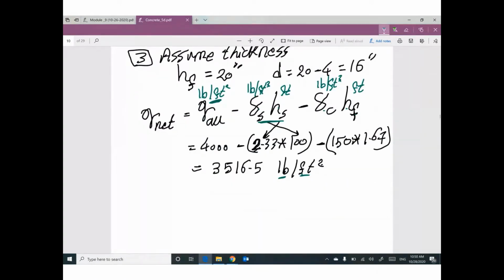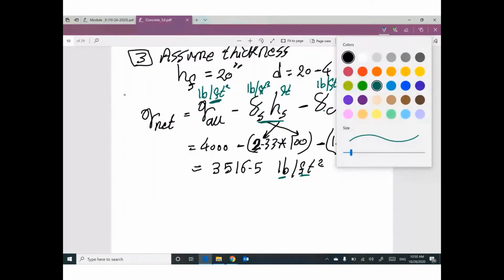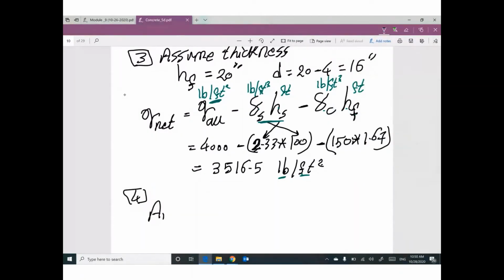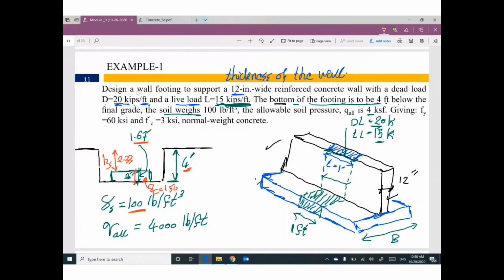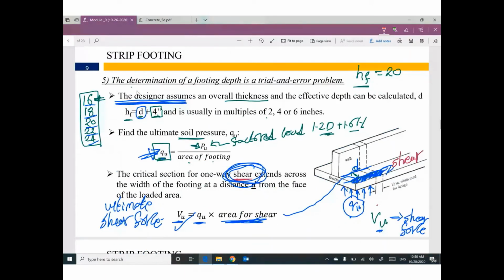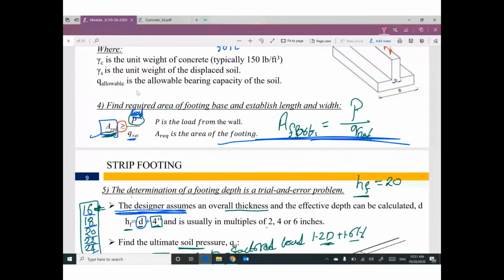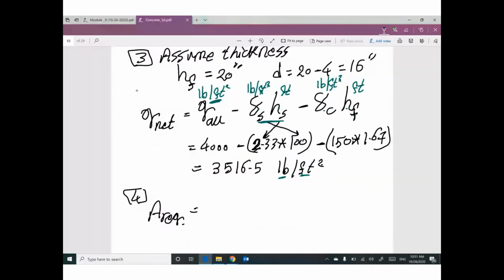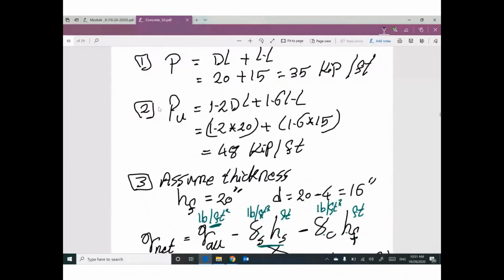Guys, we need to figure out the area required. If you go back to your calculations, area required equals P divided by Q net. What is the value of P, the unfactored total load? 35.